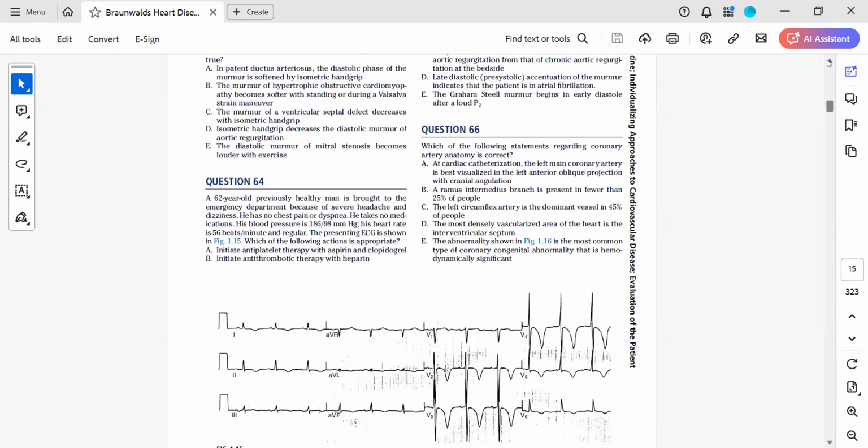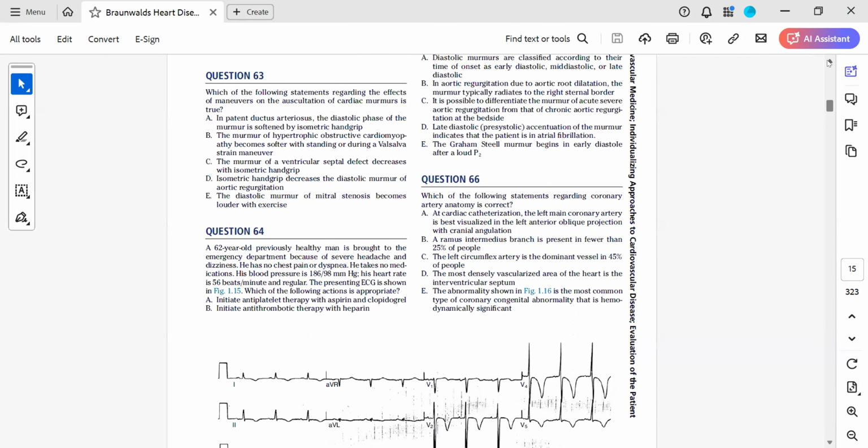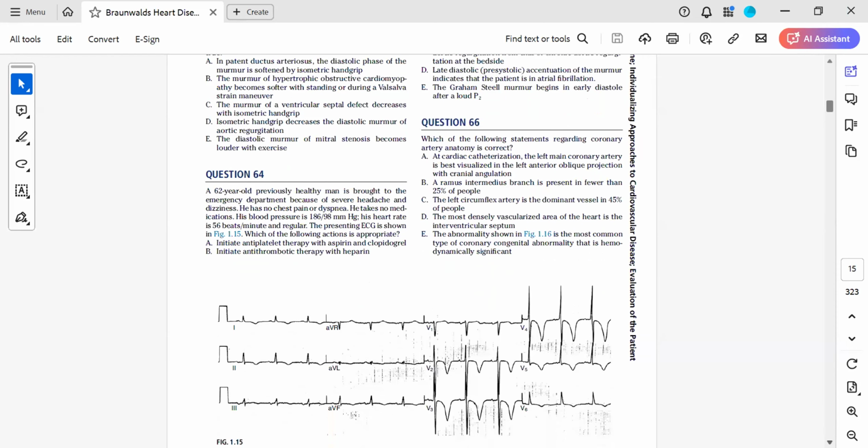Okay, so this ECG, the one thing that is obvious are deep symmetrical T-wave inversions in V2 to V5.